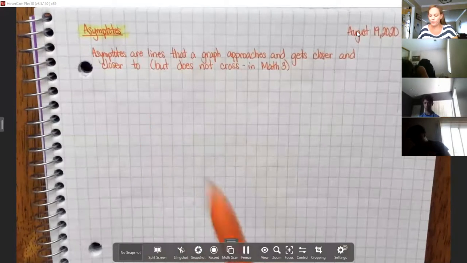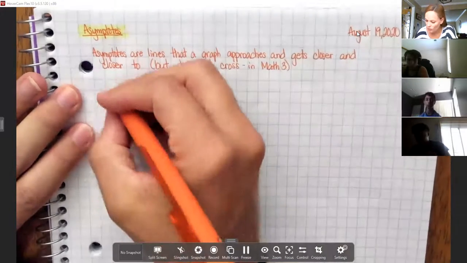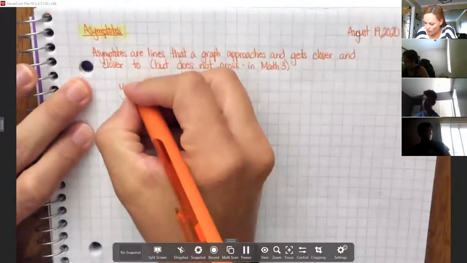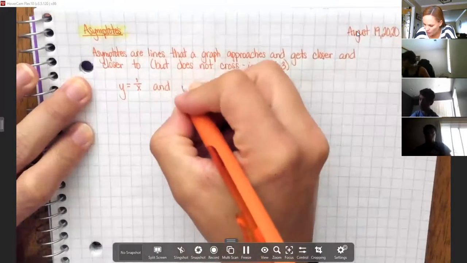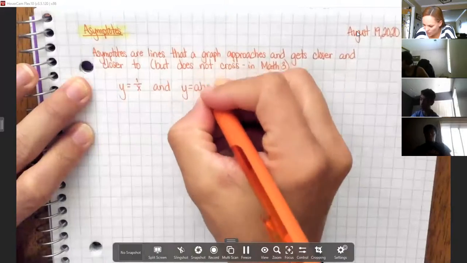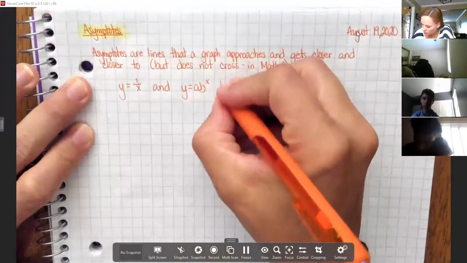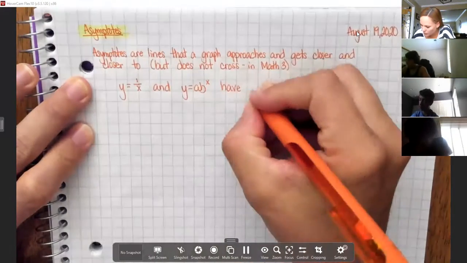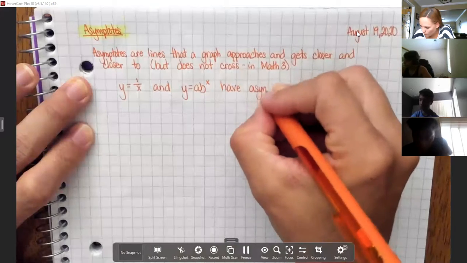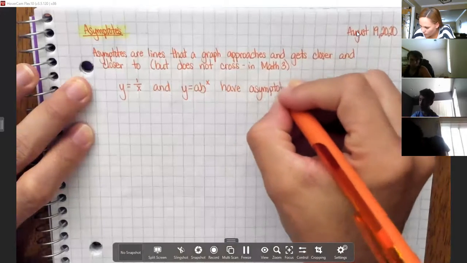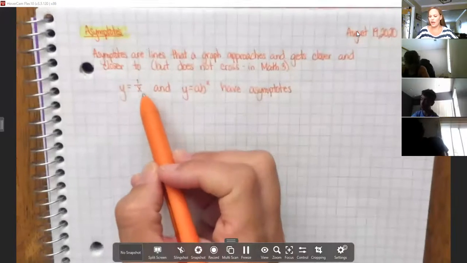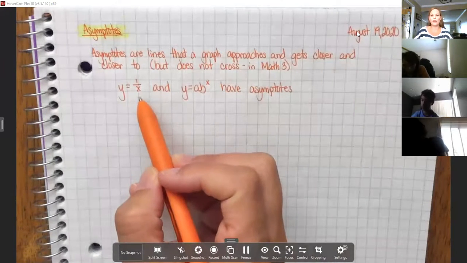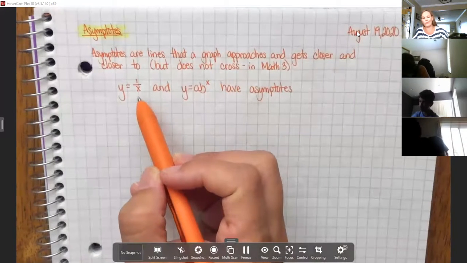So y equals 1 over x and y equals ab to the x. Those both have asymptotes. So 1 over x, we looked at that yesterday, and that could have something else in the denominator with it, x plus 5.